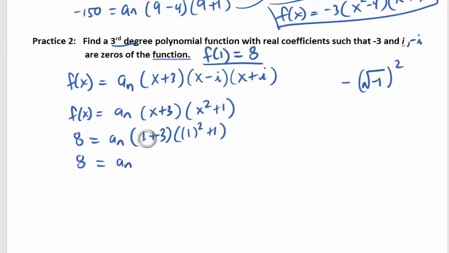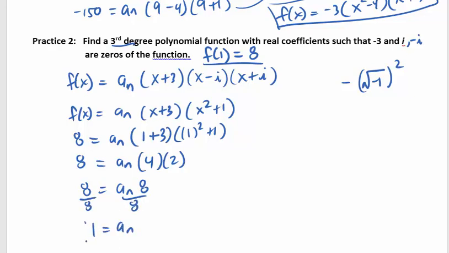Let's see, so that's going to be 4 times 1 plus 1 is 2. So it looks like I get 8, divide both sides by 8, and I get that a sub n is equal to 1.